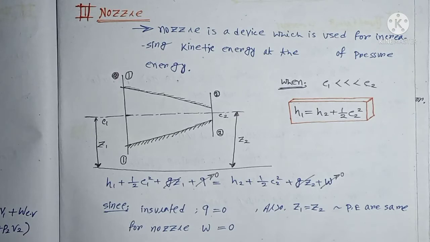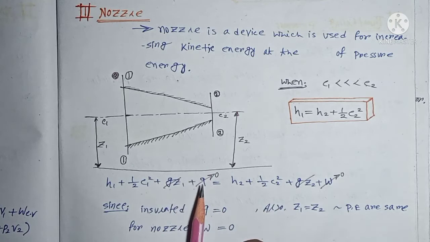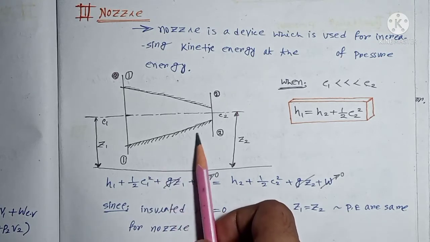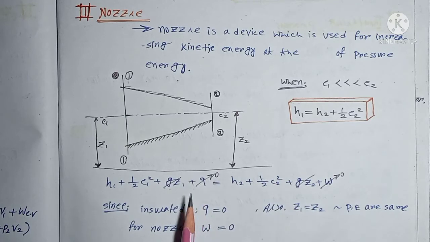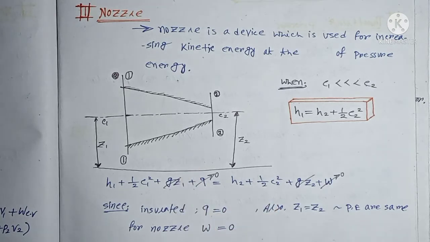Depending on your question, heat may interact through this wall with the atmosphere or surrounding. But here I am assuming this wall is an adiabatic wall, then this Q will be 0. If this wall is not an adiabatic wall, then Q will have some value. Okay, so you have to put in the value, but for this condition Q is equal to 0.